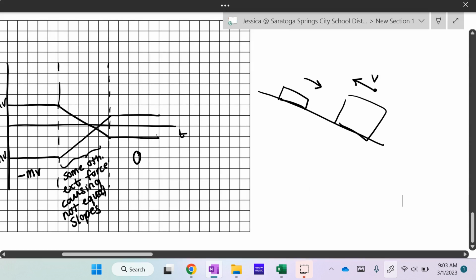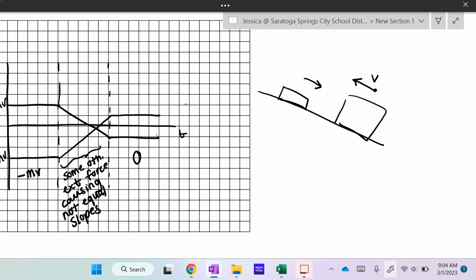So this tells me that because their momentum changed, there must be some other external force creating non-equal slopes. And in that case, that external force could be friction on this incline, but also, remember, there is a component of gravity pointing down the incline, changing the total momentum of the system.